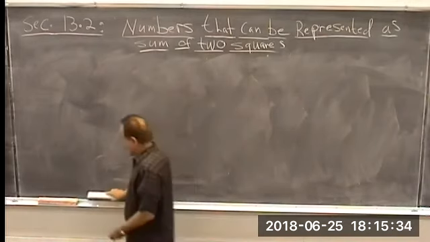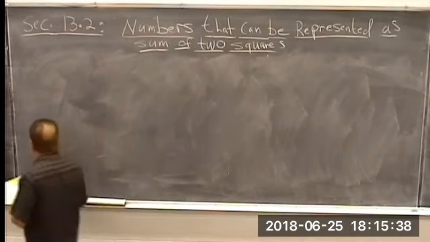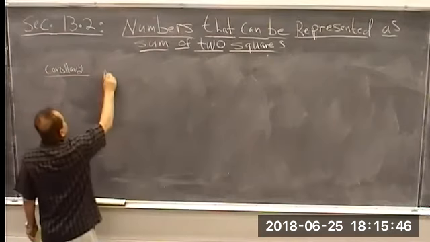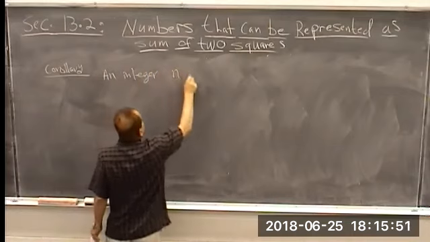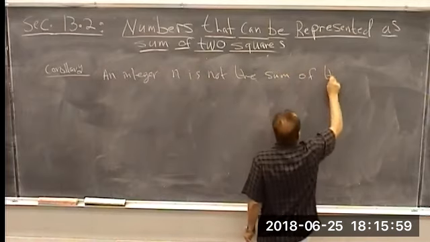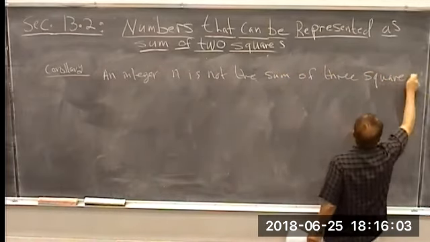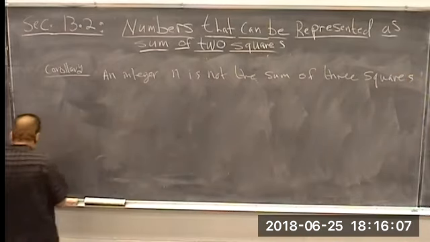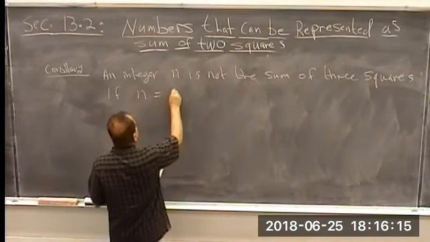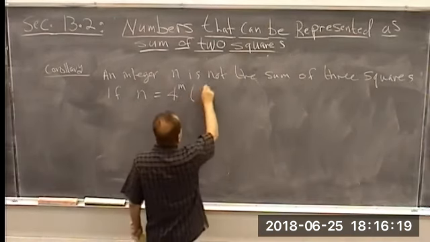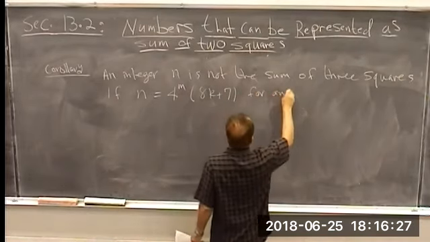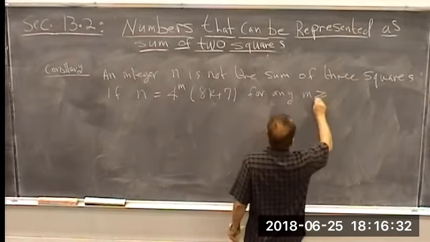The corollary is this: an integer n is not the sum of 3 squares if n is of this form, 4 to the m times 8k plus 7, for any m bigger than or equal to 0.